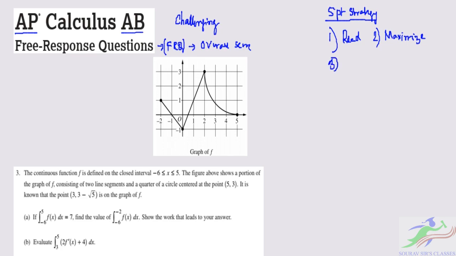Point number 3, share your thought process, how you are going to solve the problem. Point number 4, be clear and concise. And point number 5 is the usage of proper penmanship. This 5-point strategy is followed to improve the overall score in this FRQ section.